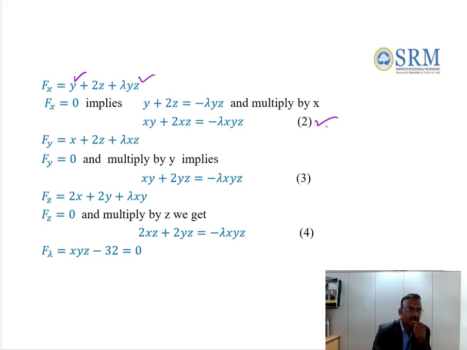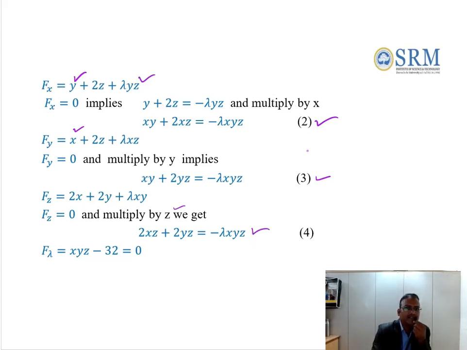Let me call this equation number 2. Similarly, differentiating partially with respect to y, we get x plus 2z plus lambda xz, and Fy equal to 0 gives xy plus 2yz equal to minus lambda xyz, that is equation 3. And Fz is 2x plus 2y plus lambda xy, and Fz equal to 0, multiplying by z, gives 2xz plus 2yz equal to minus lambda xyz, right?